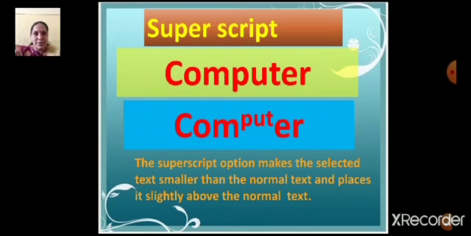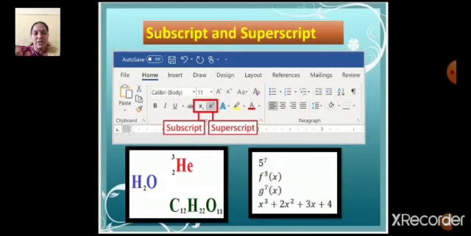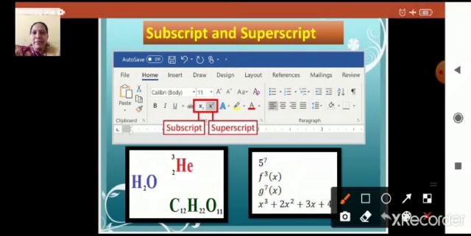Look at this picture, children, where the Subscript and Superscript options are located in Microsoft Word. Here you can see the Microsoft Word window, in the Home tab, in the Font group. You have the Subscript and Superscript options.